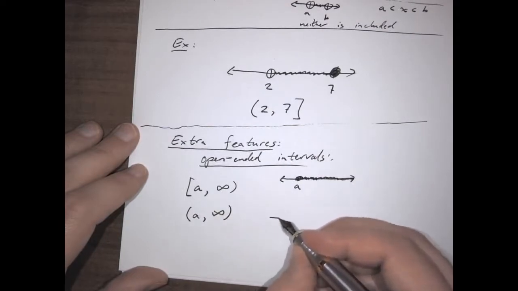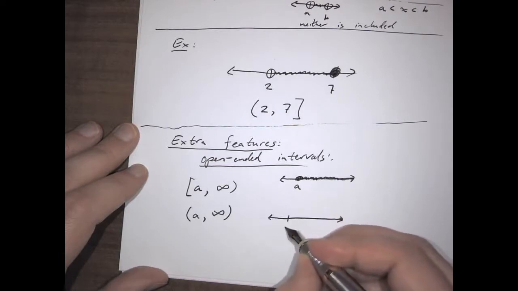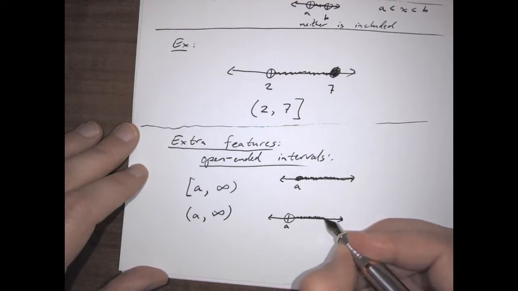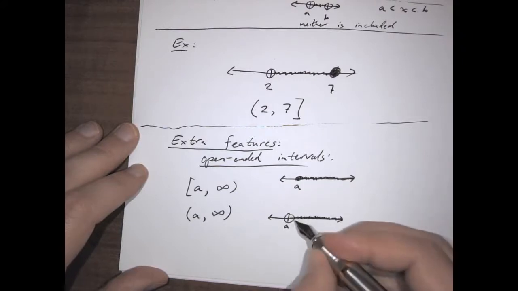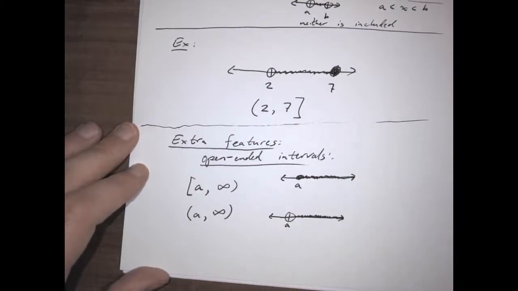And then that would mean that although it starts at A, it doesn't start actually at A, it starts right after A. It's like a little tweezer has plucked that one single point out of the number line, and then it's everything to the right of that.